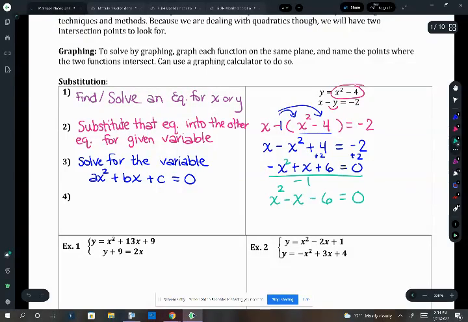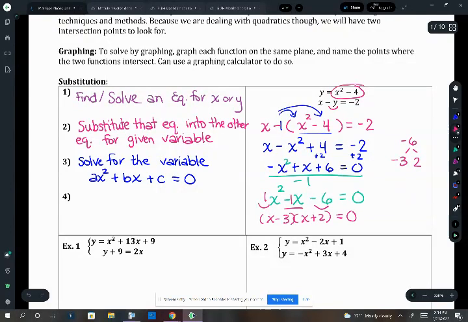And now we're back to just factoring and solving like we already know how to do. We go 1 times negative 6, which is negative 6. Factors of negative 6 are 3 and 2. In order to get a negative 1 in the middle, we want the bigger number to be negative. So x minus 3 and x plus 2 are my factors.